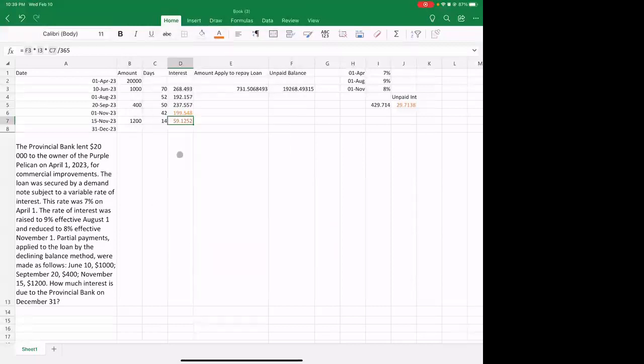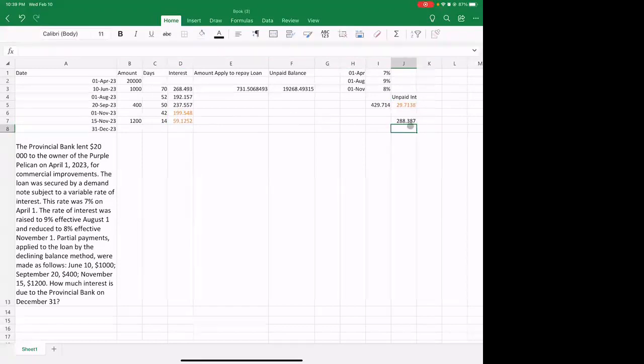So add those numbers. Those are the interest. Okay, so I'm going to calculate it here. So equal this number plus this number plus this number. Okay, so that is the interest.